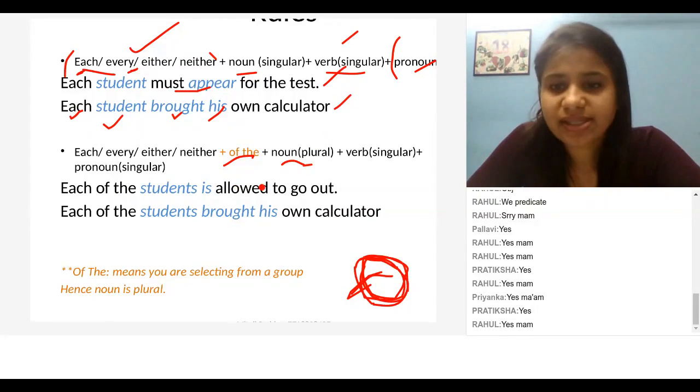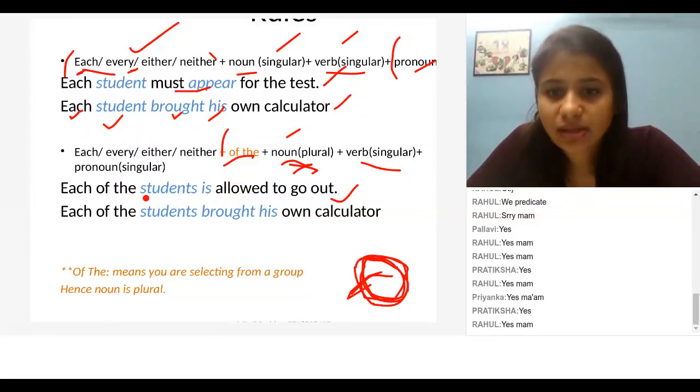Each of the students is allowed to go out, because I am referring to some collective set. So whenever you have "of the", the noun will be plural and everything else will again be singular. The difference is only in the noun. Each of the students is allowed to go out, and each of the students brought his own calculator.